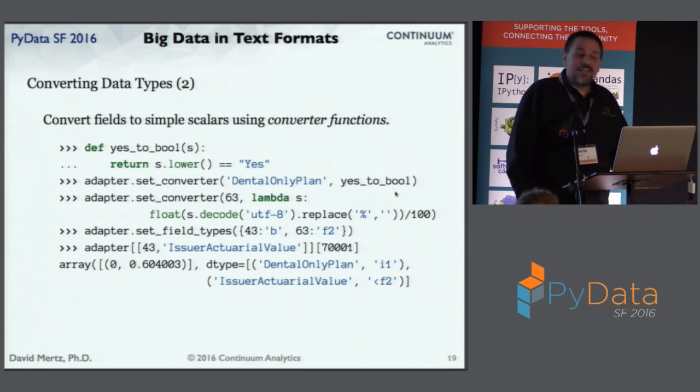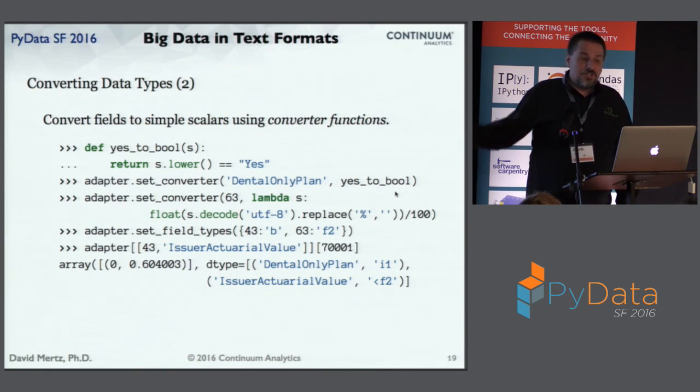I could set a converter for that particular field of that function that, as it was read into potentially a NumPy array or a pandas data frame, it would automatically massage it into a Boolean value in this case by doing that comparison. Or on column 63, here I'm giving the number rather than the name, I could do just a lambda function inline where I'm massaging it.